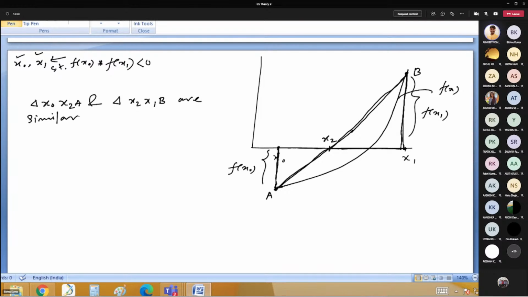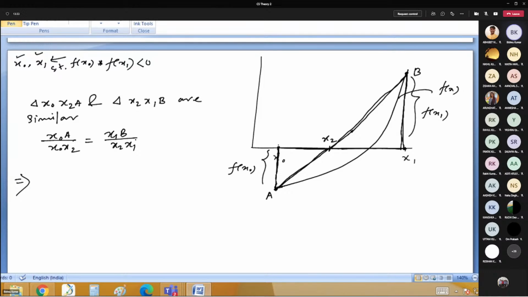So you just tell me, for this right angle triangle, what is the height? If I write height x0 to A by base, and this base is x0 to x2. X2's numerical value will be different actually. And the other height is x1 to B by x2 to x1. Tell me the values.